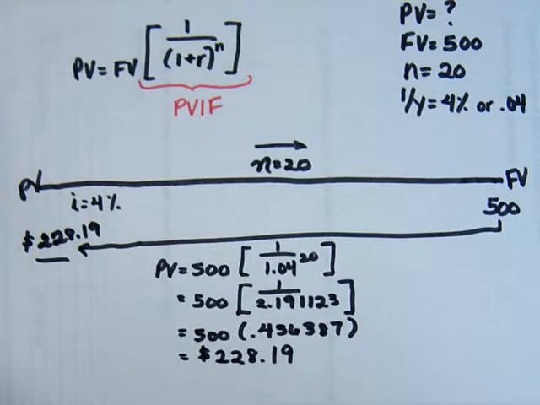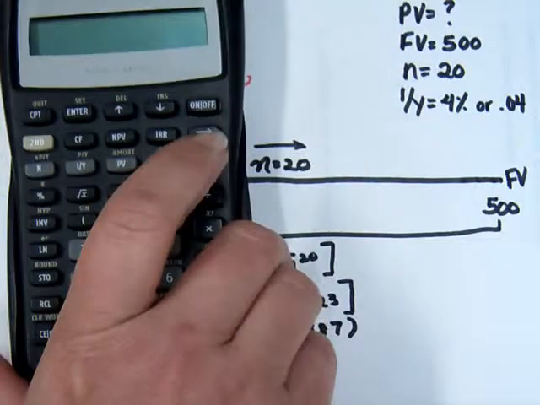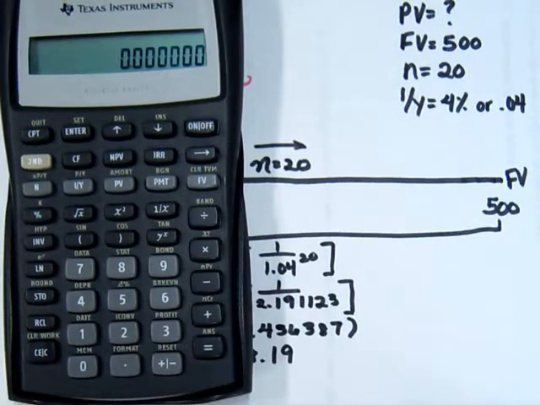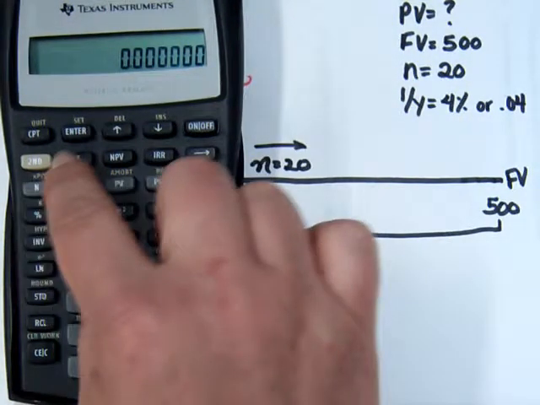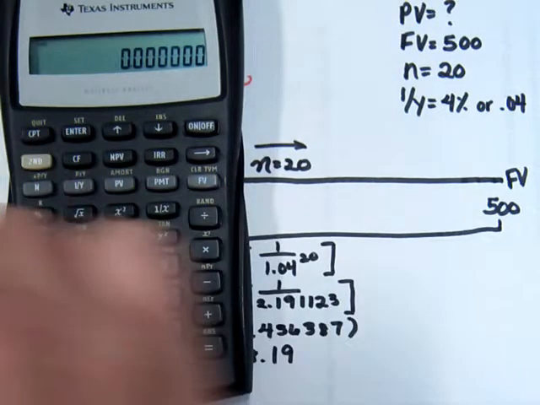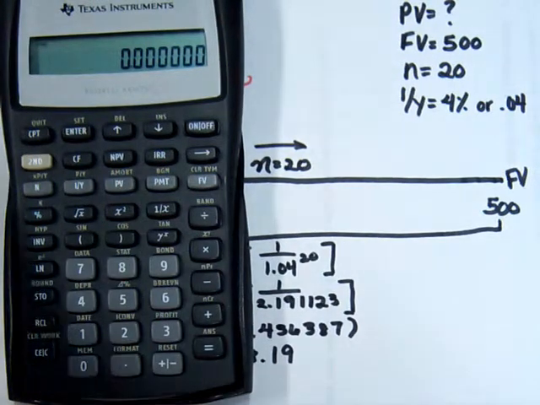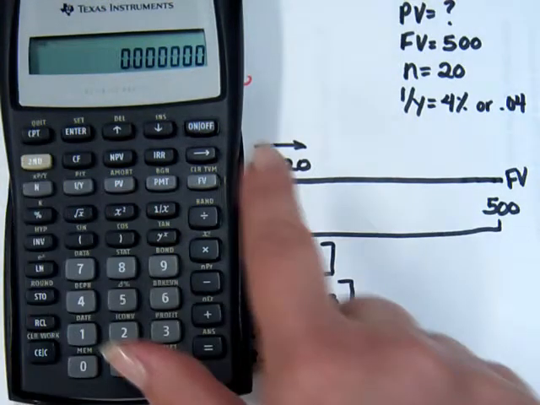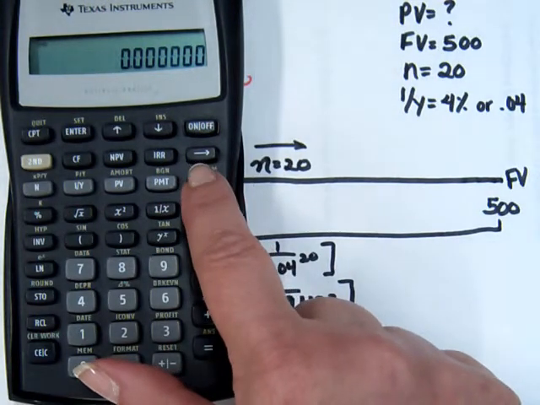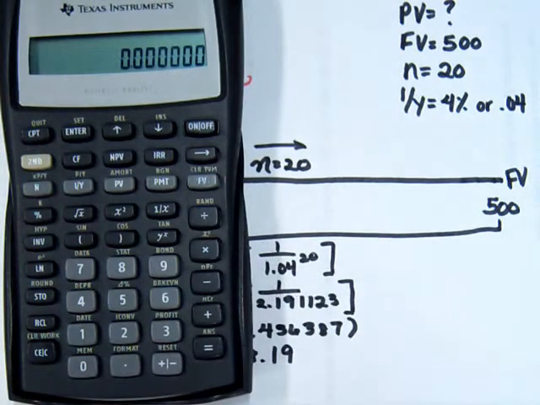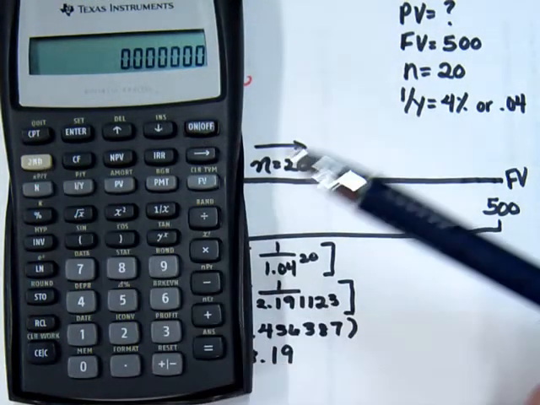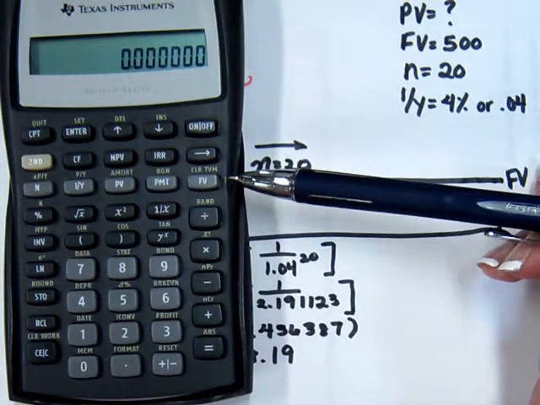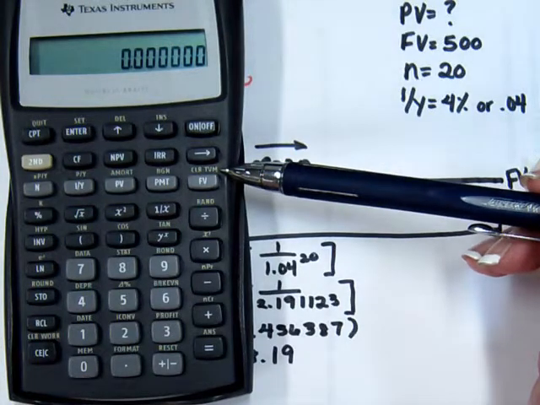Now the first thing I would do is just make sure that we have cleared everything out. So pick the second key and the CE, and then the second key and the future value key. And when you hit the second button, you are using the functions that are indicated in yellow above the calculator keys.